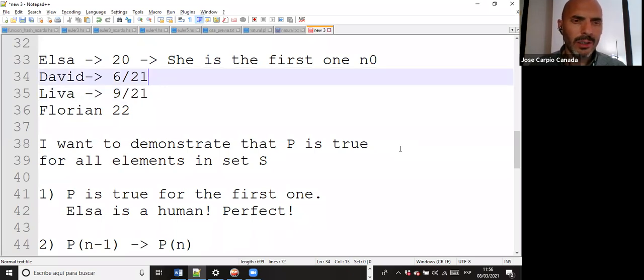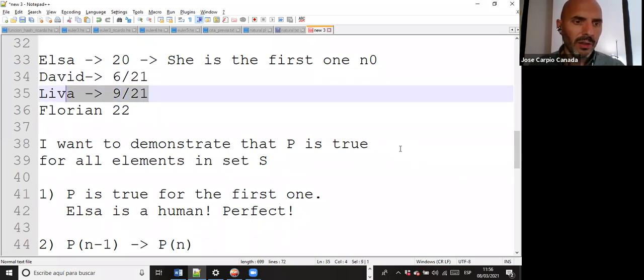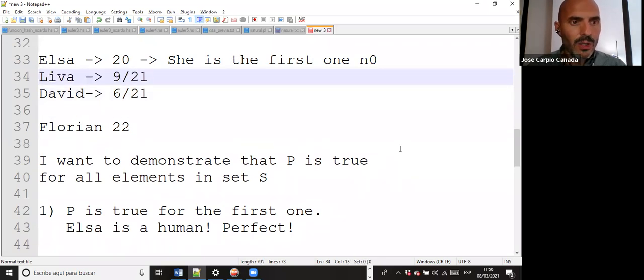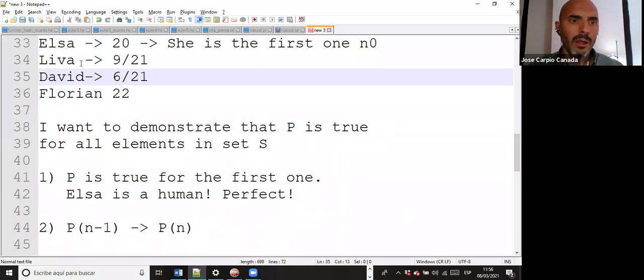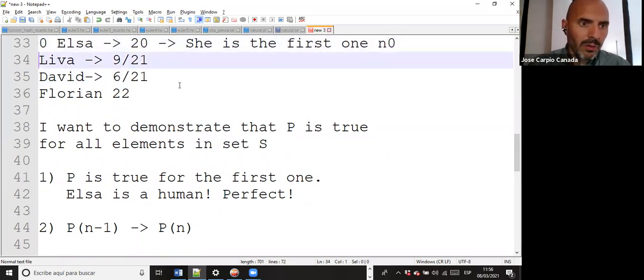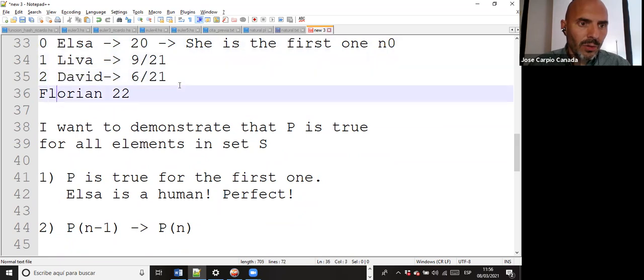Who is younger? Leiva is younger than David. So it's possible to put in order. What does n-1 mean? Who is n-1 here? Is it the number 0, 1, 2, and 3? Who is the n-1 of David?